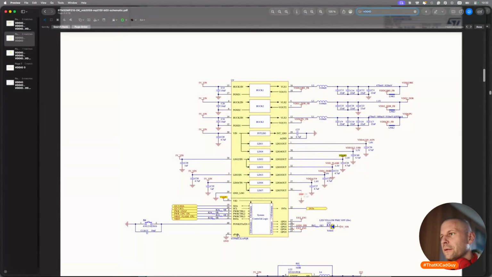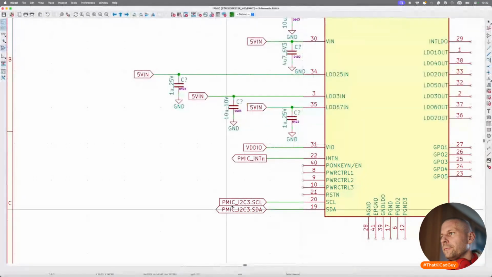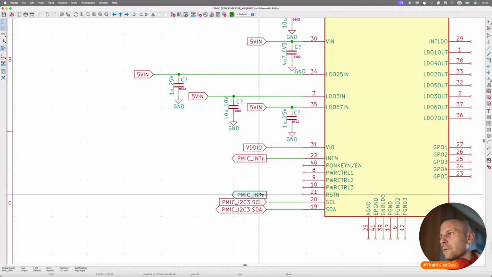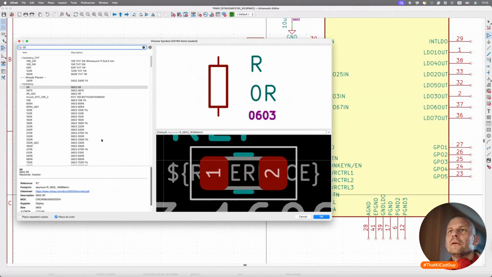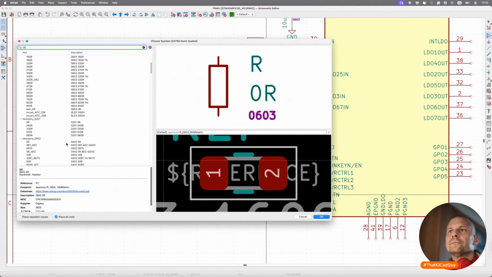Reset N and reset 0 ohm. Okay. Zero ohm, 0.4.